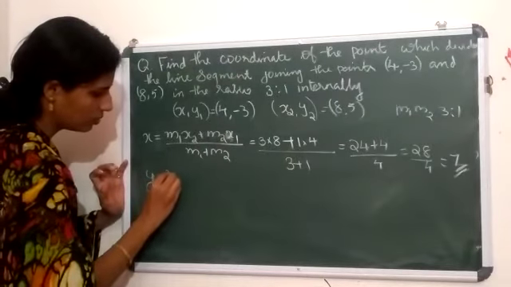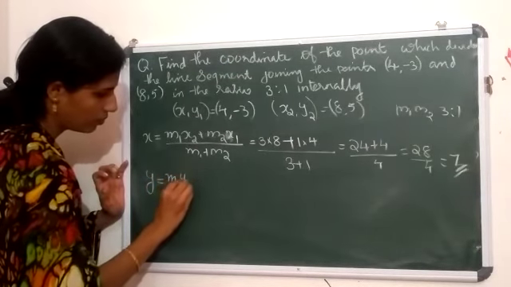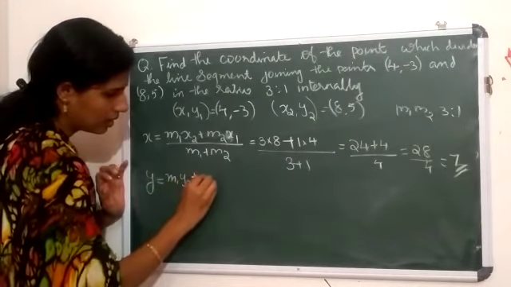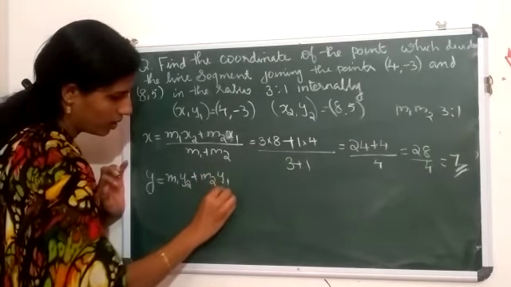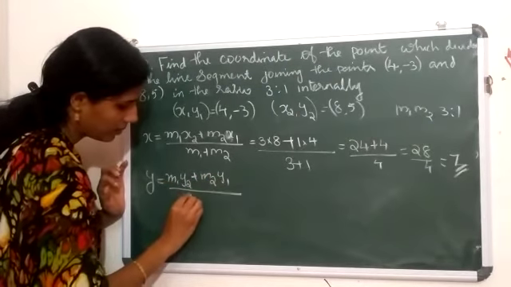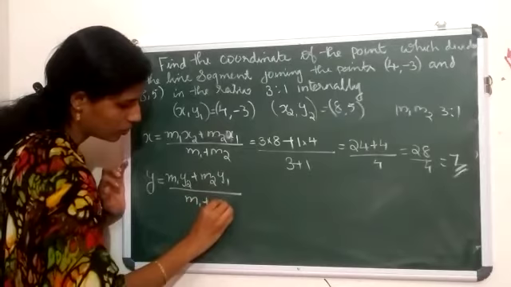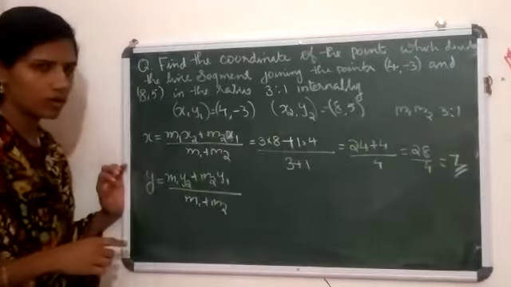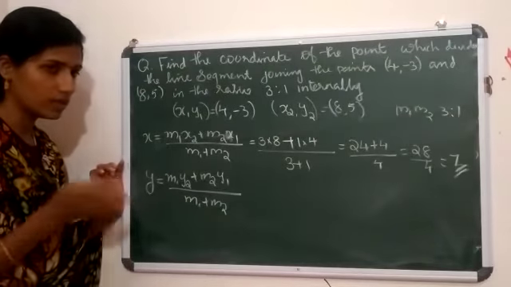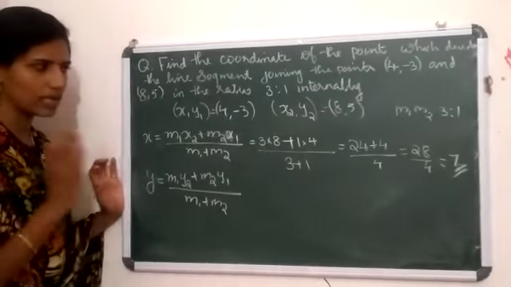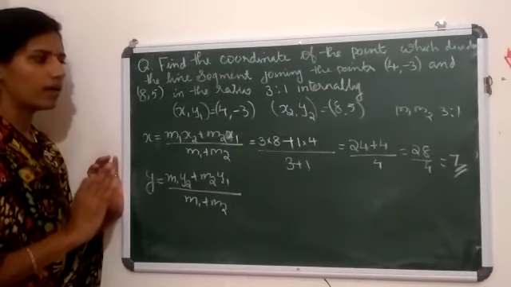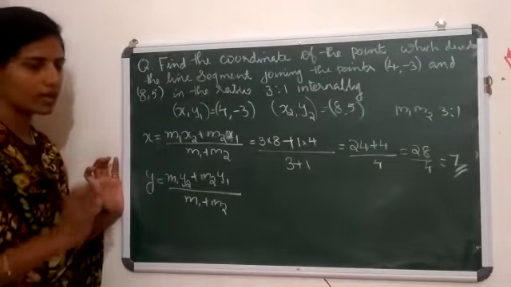y is equal to m1 y2 plus m2 y1 divided by m1 plus m2. Whenever you are doing a problem, the first step is to write down the equation. That is very important. When you write the equation, you will get a mark.